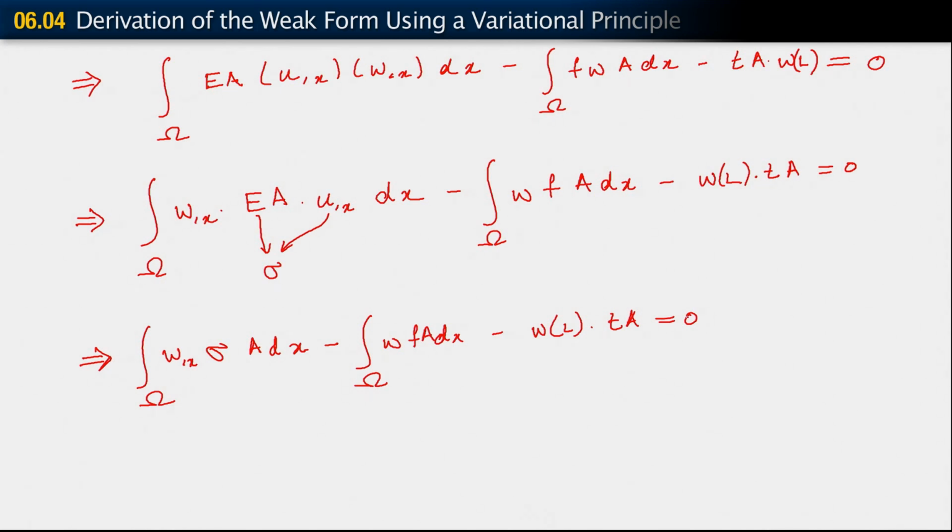And you recall that this is the condition we said must hold for extremization for all w. And you recognize that what we have here is simply the weak form.